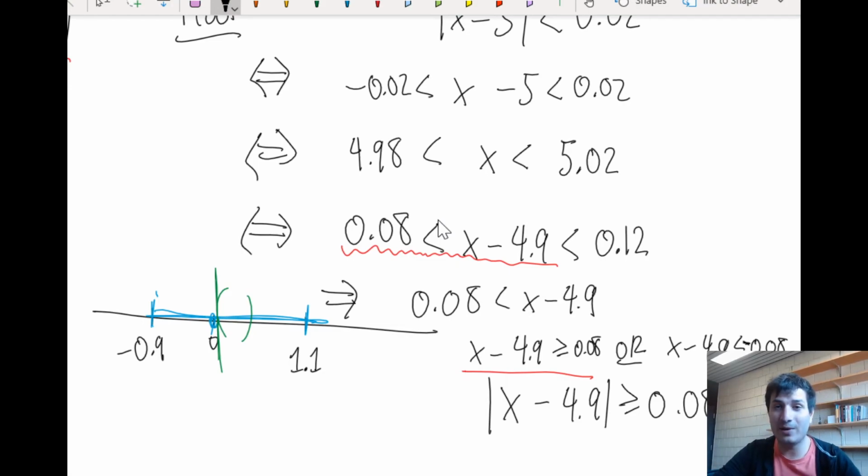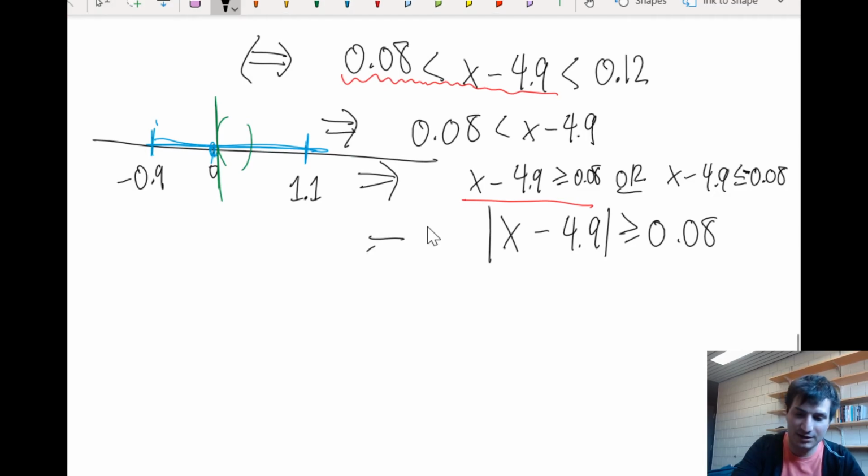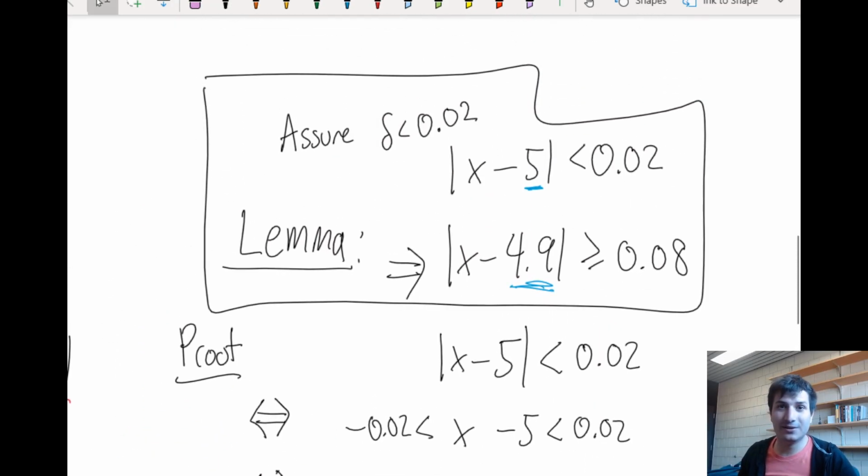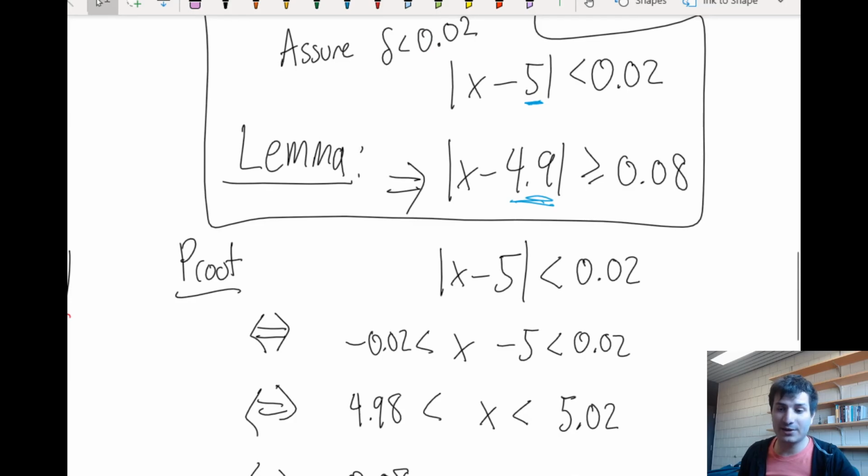And if x minus 4.9 is greater than 0.08, then definitely it is that or something else. And once it is that or something else, it's definitely the absolute value being bigger than 0.08. Okay, so there we go. That's the lemma. If delta is less than 0.02, then all this stuff will work out. x minus 4.9 will be greater than 0.08.